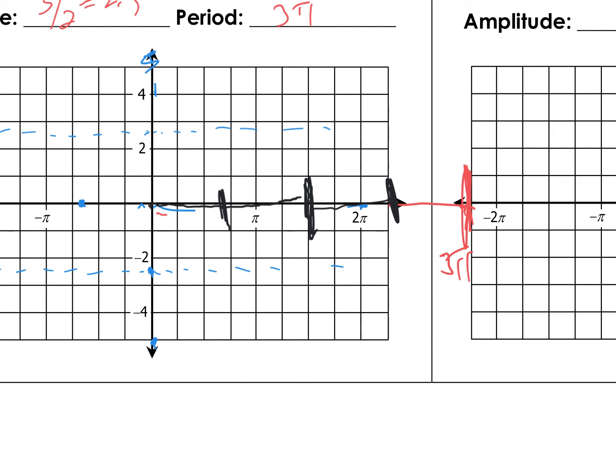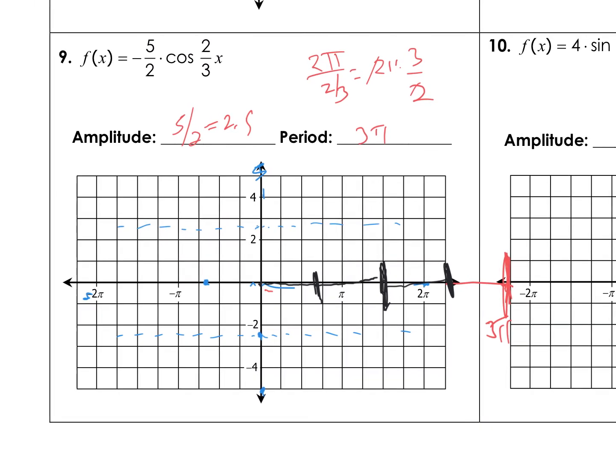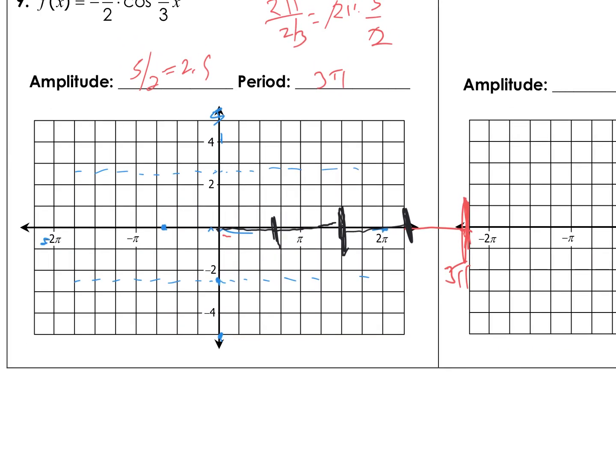So why am I doing that? It's going to be another negative cosine, which means it has to start at the very lowest at 0. Where's my very lowest? At 0, negative 2.5. And that's what my calculator showed me. The next tick mark has to go through the x-axis right here.